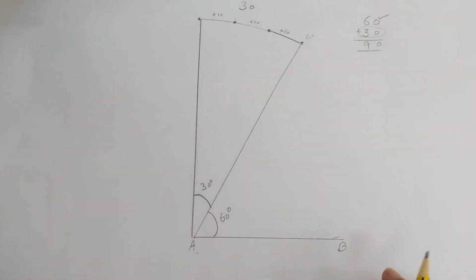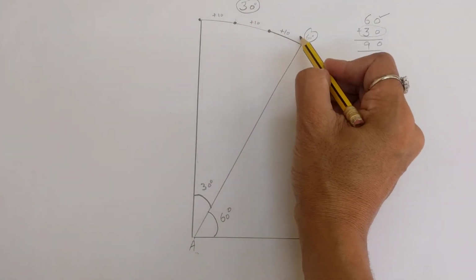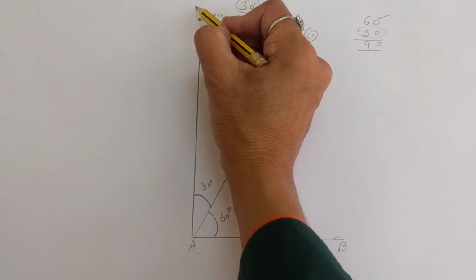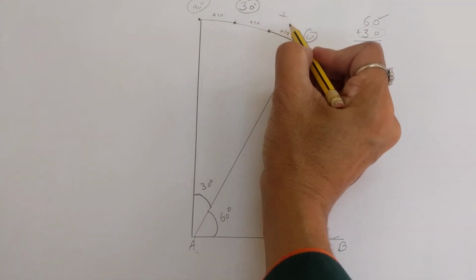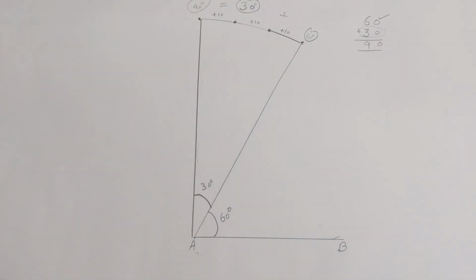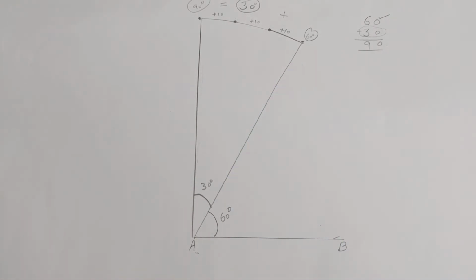It means 60 plus 30 is equal to 90 degree. It means this one is the complementary angle. Got it? Very easy and very simple.